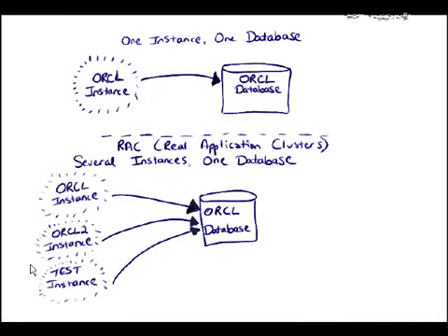This is what we call a RAC environment, or Real Application Clusters. And the whole purpose of this is to have 24/7 uptime. So in case one of your instances goes down, the others can take over. So notice how our different instances have unique names.